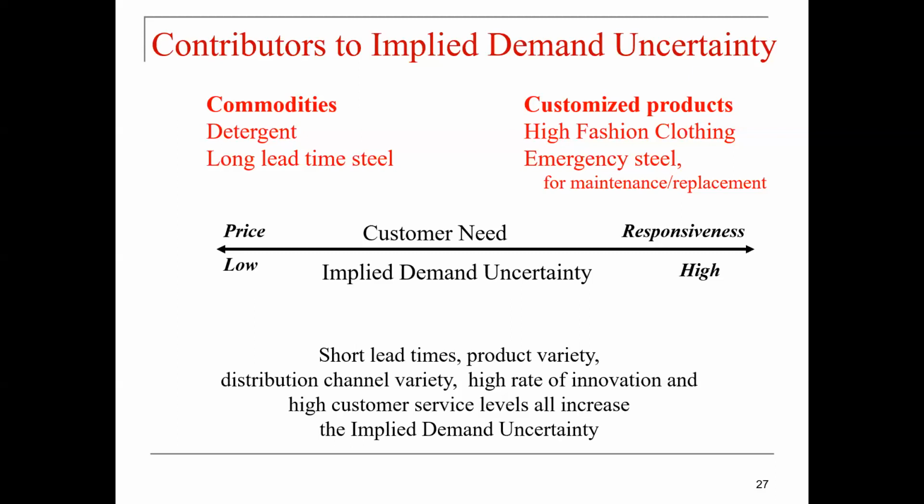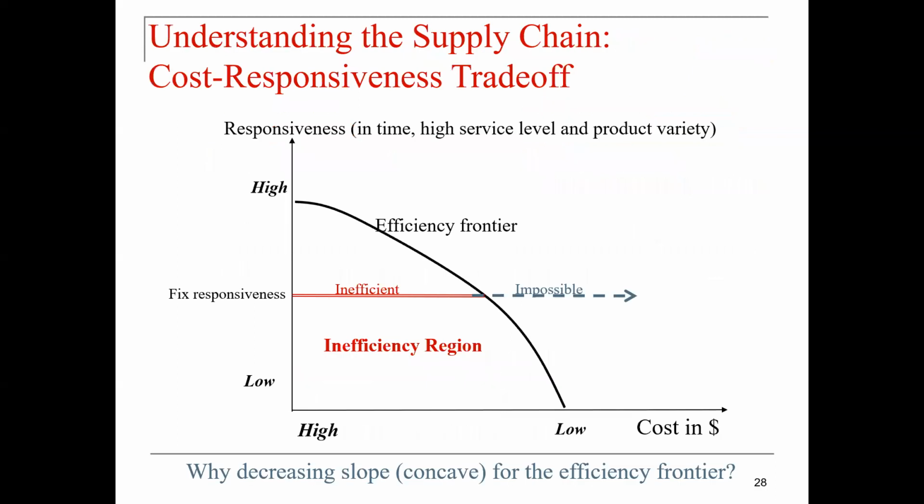So on the next slide, we have understanding the supply chain, the cost responsiveness trade-off. So we have the cost at the bottom of the graph, and then we have the responsiveness on the y-axis, and then we have a line that is trying to identify the efficiency frontier.